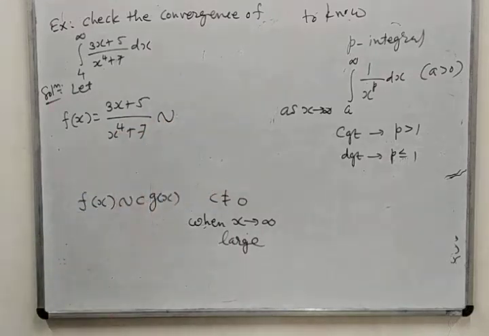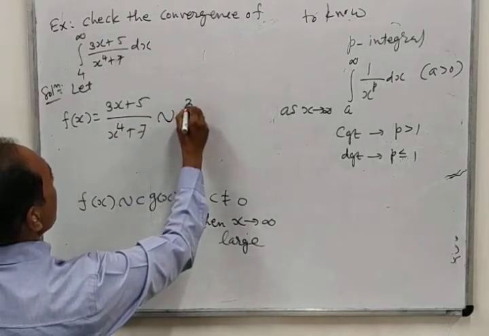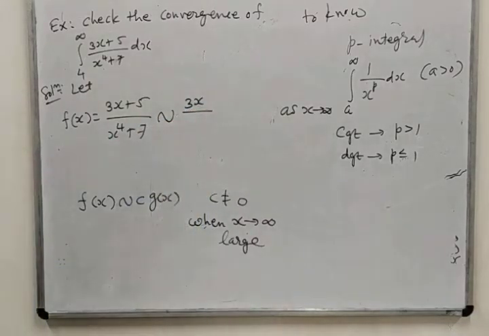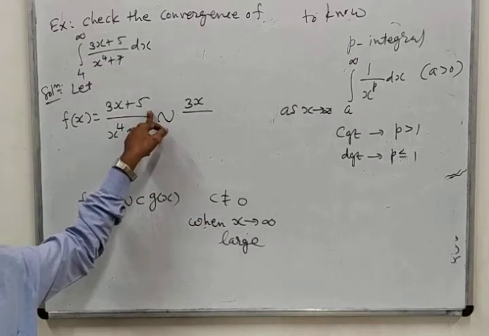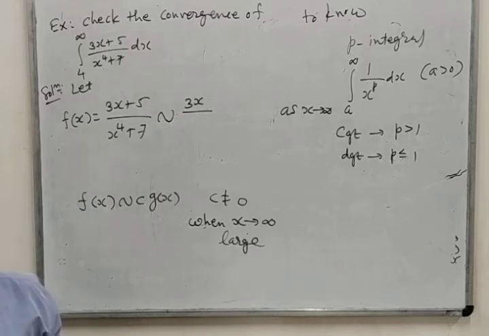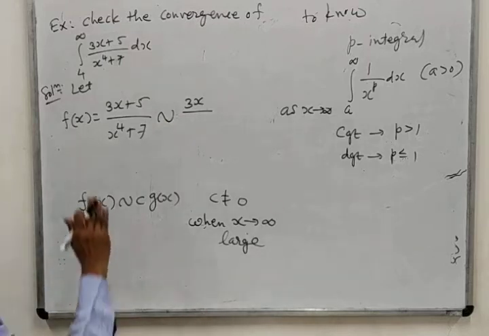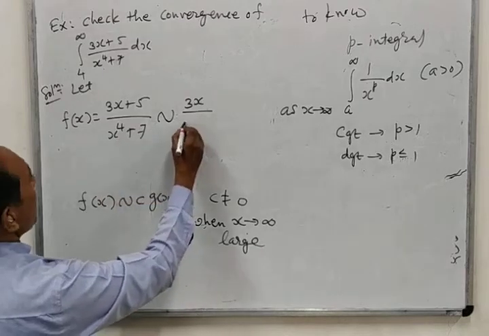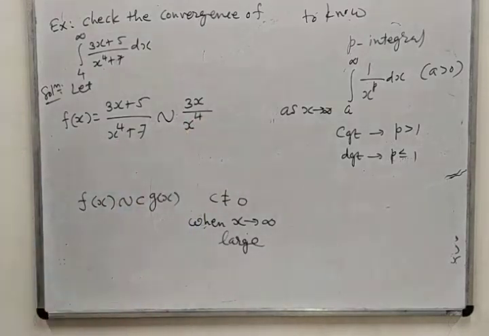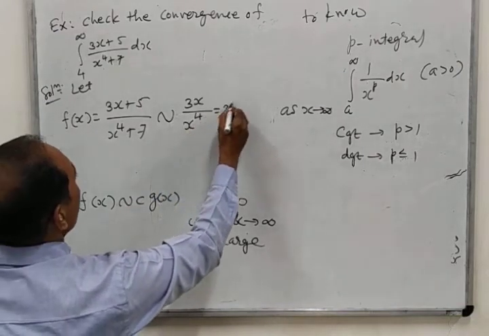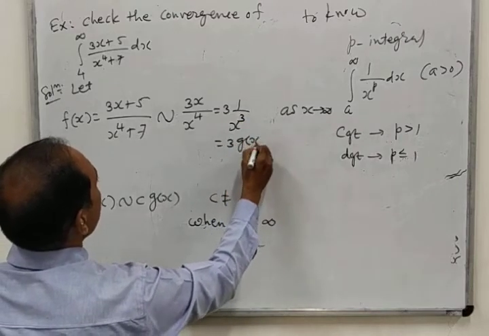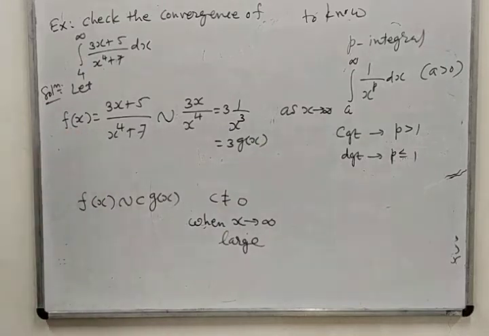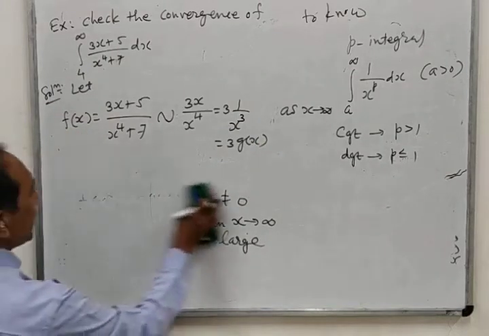We know that 3x plus 5 is very near to 3x after a very large number, because if you consider a very large number, then 5 is negligible there. Similarly, x raised to 4 plus 7 is very near to x raised to 4 near infinity, because 7 has no effect on this. So this is equal to 3 into 1 upon x cube. So we can say that this is nothing but 3 into g(x). So now we can consider this function. Have you understood this?